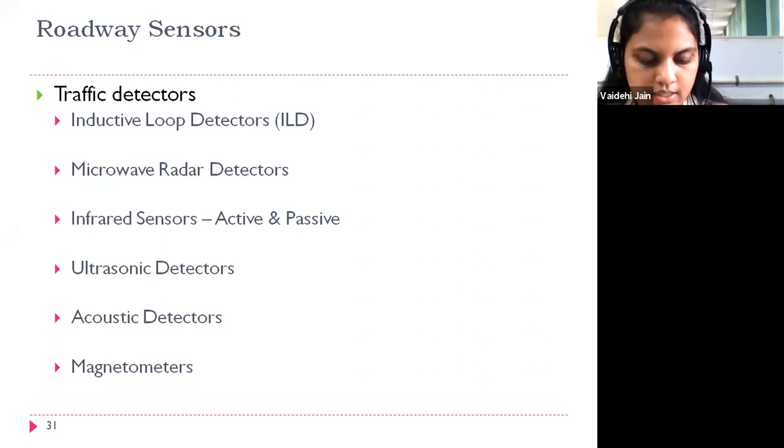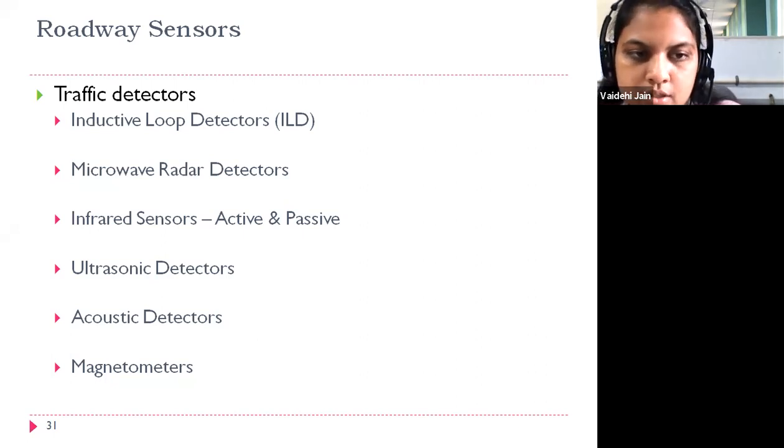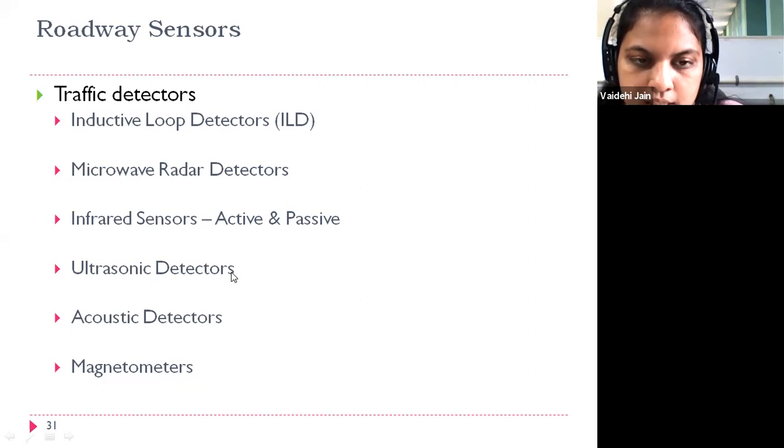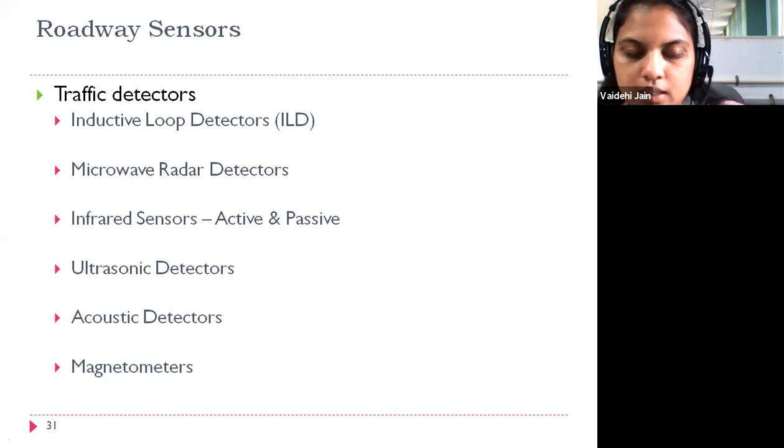The microwave radar detectors work on waves, and by the waves coming from the vehicle they detect it, and by those waves they can get the regular information which is required: the type of vehicle and the speed of that vehicle, everything you can get.